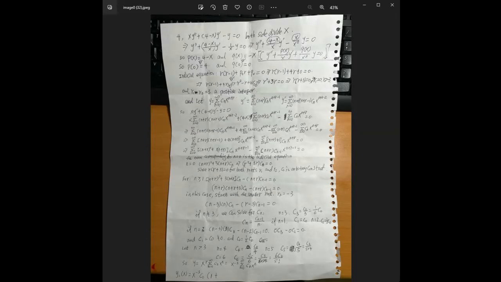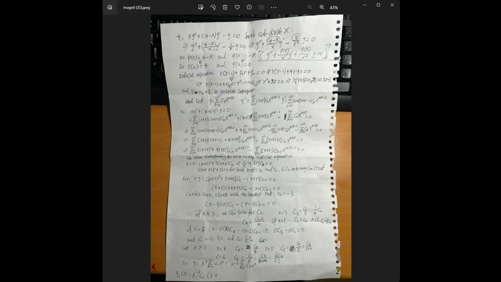So we have a relation between Cn and Cn minus 1 equals 0. Here we have figured out that n minus 3 times n times cn minus r minus 3 cn minus 1 equals 0.